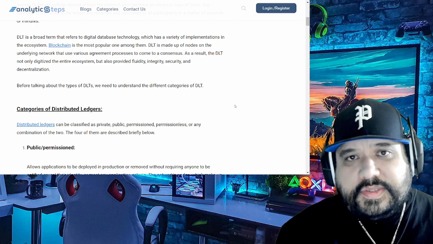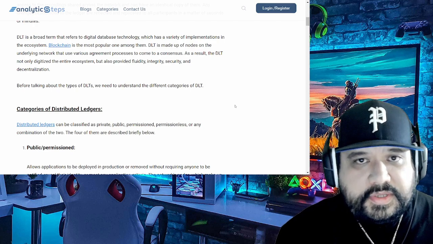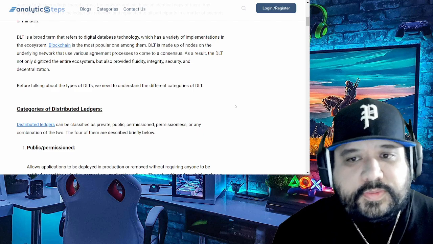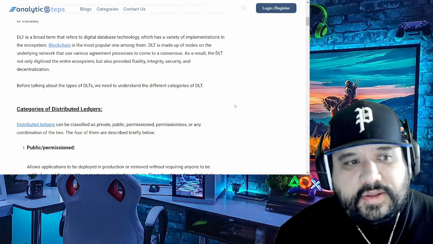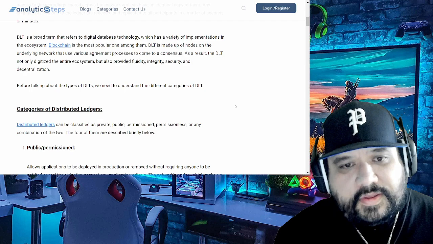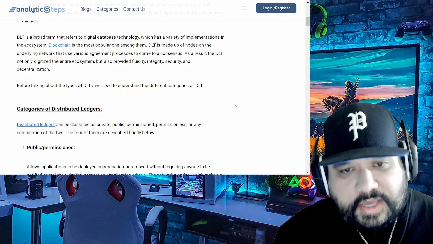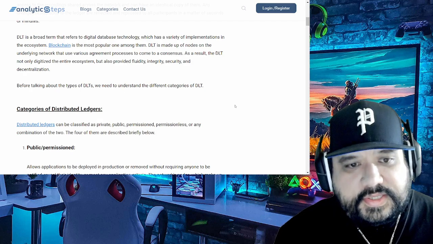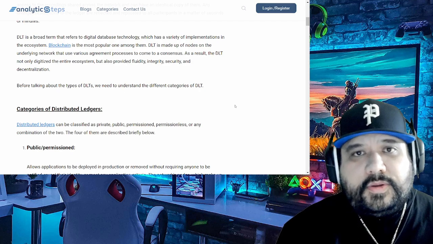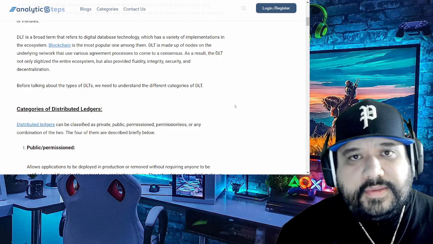Dr. Lehman Baird is going to outline the importance of just that, the consensus, because like it shows right here, as a result, the DLT has not only digitized the entire ecosystem, but also provided fluidity, integrity, security, and decentralization. So let's go ahead and understand a little bit more in regards to just that consensus.